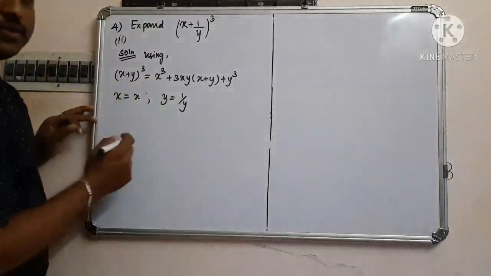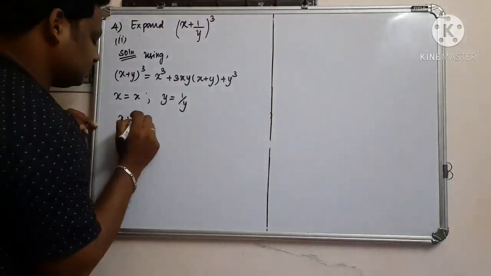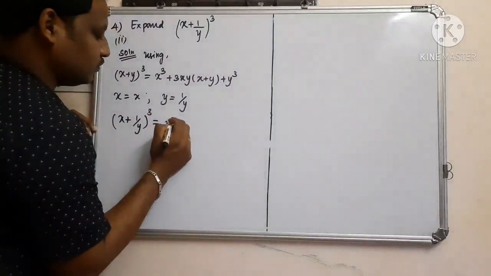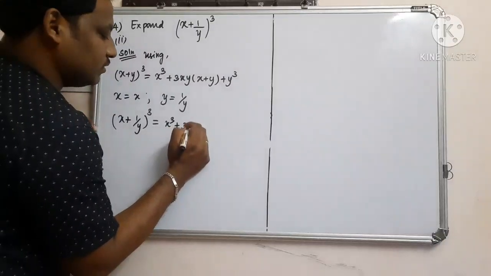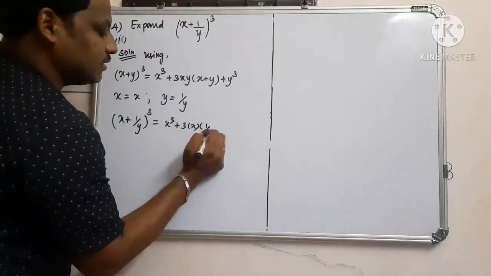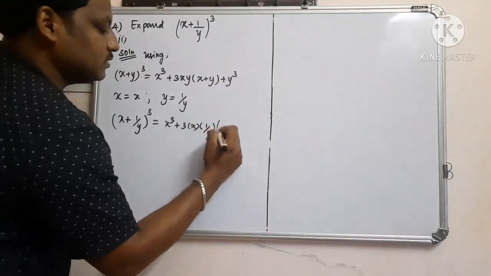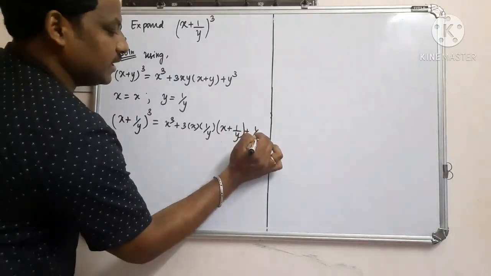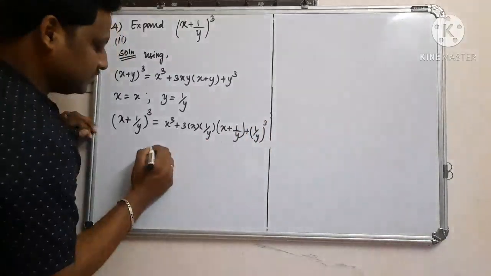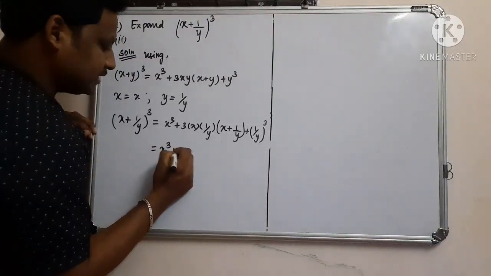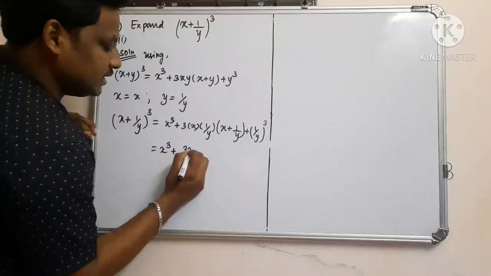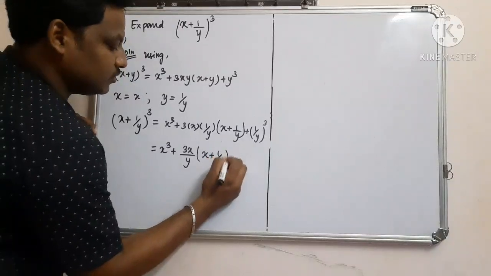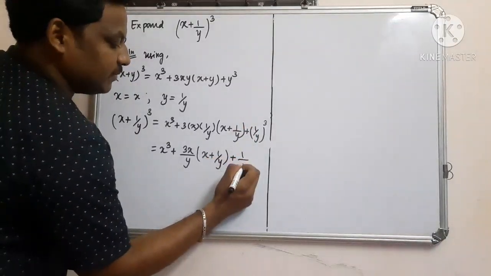Now substitute the values into the formula, which means (x + 1/y) the whole cube is equal to x cube plus 3 into x into 1 by y into (x + 1/y) plus (1/y) the whole cube, which is equal to x cube plus 3x into 1, 3x divided by y, into (x + 1/y), plus 1 divided by y cube, which is 1 by y cube.